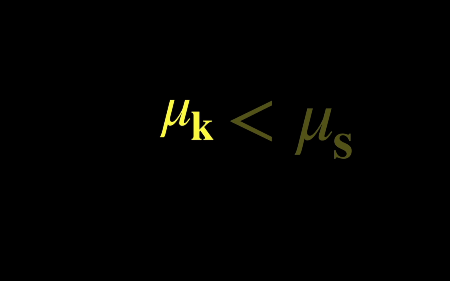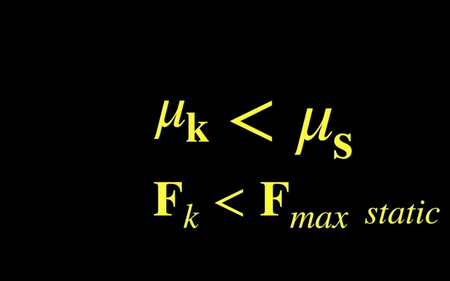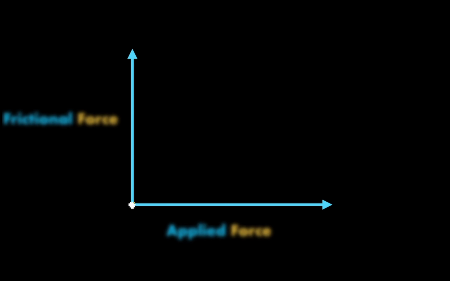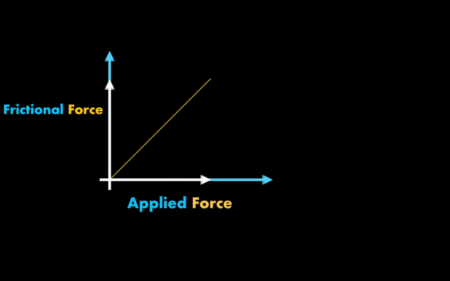In almost all cases, the coefficient of kinetic friction is less than the coefficient of static friction. This directly implies that kinetic frictional force is less than the maximum static frictional force. Now if we plot a graph between the applied and the frictional force, first of all we get a linear relationship between the applied and frictional force until we reach the maximum value of static friction.